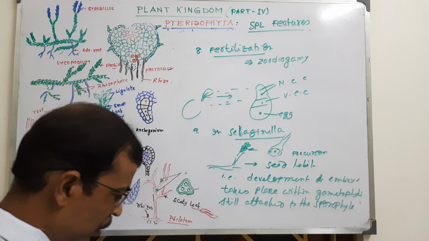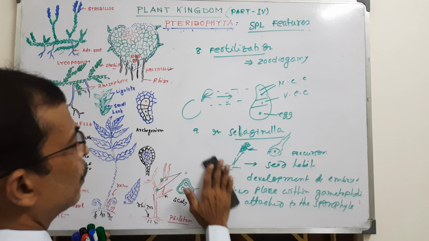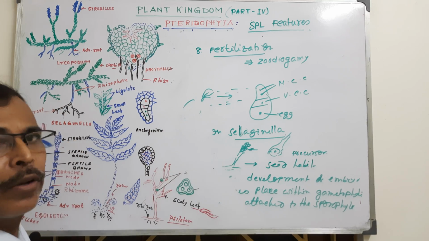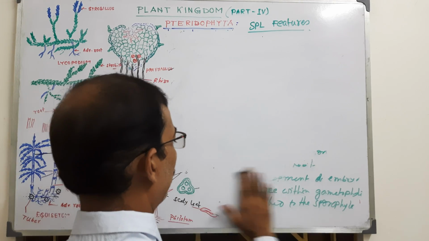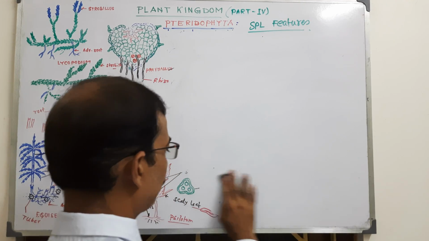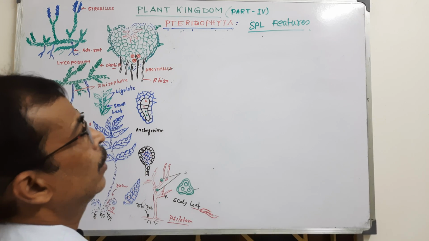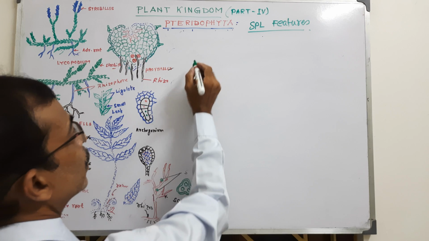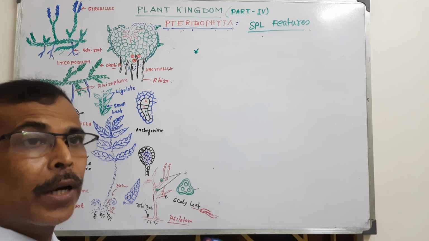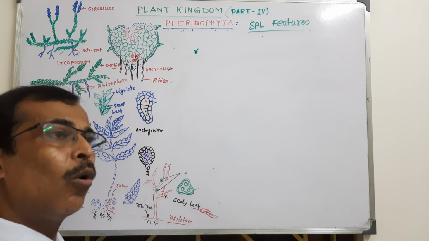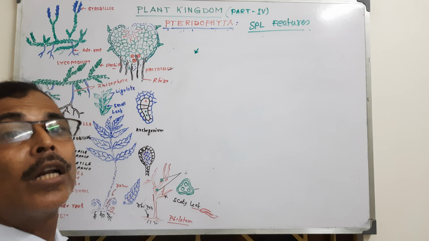Okay, so now about their sporophyll. Look here, sporophyll. Sporophyll means sporangia bearing leaf. Their important character is that the sporophyll is photosynthetic in nature. That is, the sporangia bearing leaf is photosynthetic. Trophophyll is also photosynthetic, but the sporangia bearing leaf can also carry out photosynthesis, unlike gymnosperm.